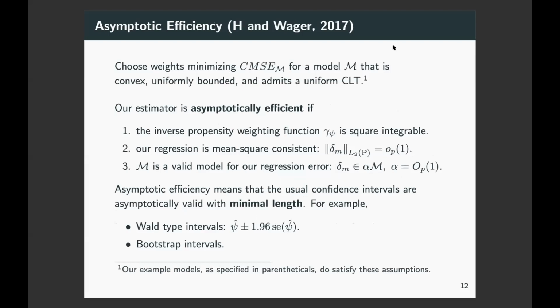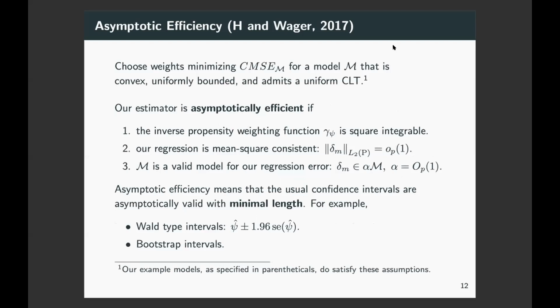So if we choose weights minimizing conditional mean squared error for a model that's convex, uniformly bounded, and admits a uniform central limit theorem, our estimator is efficient under three conditions. The first is a kind of overlap condition, that the inverse propensity weighting function is square integrable.